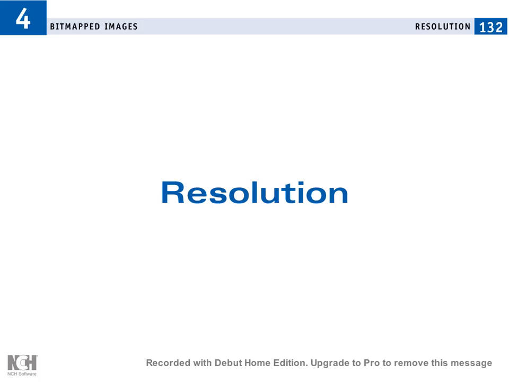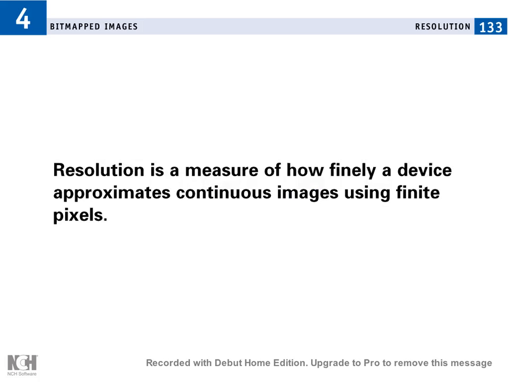So first is about the resolution. Resolution is a measure of how finely a device transmits continuous images using finite pixels. Basically, in bitmap images, we usually use pixels to describe the resolution of the image.